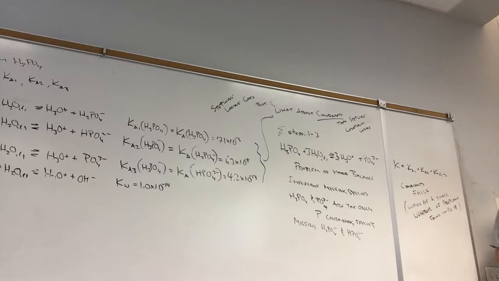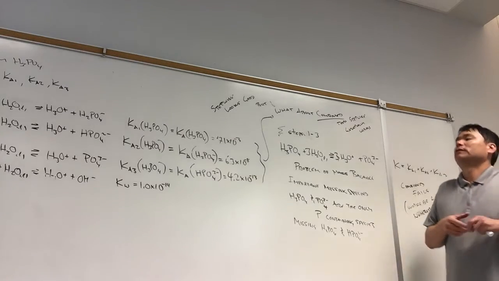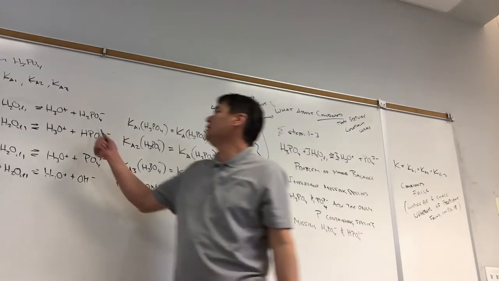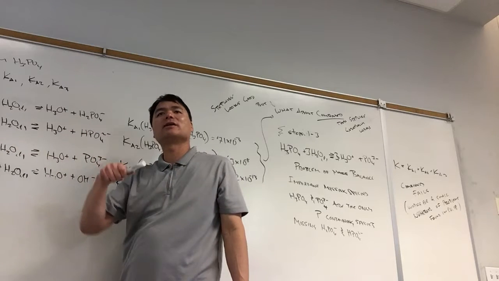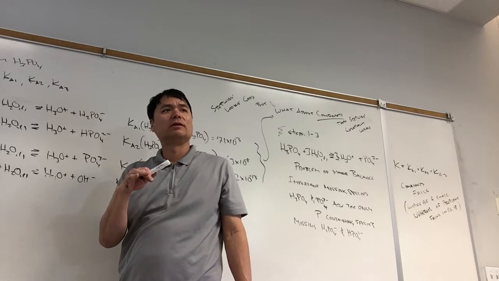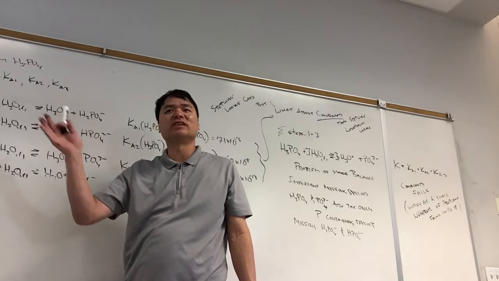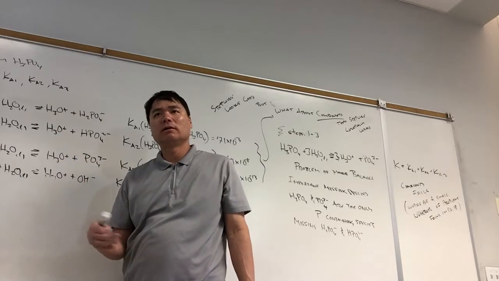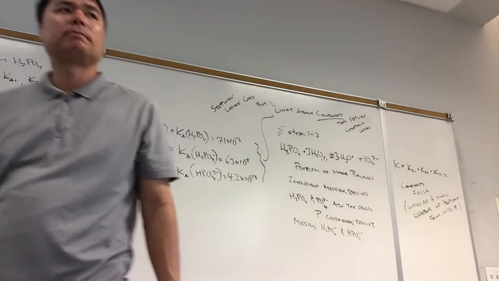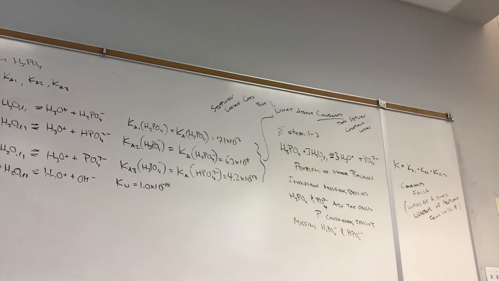Under a certain set of conditions, for example, these intermediate species that get canceled out are negligible in terms of their concentration, so we can just kind of ignore them. And there won't be a mass balance problem. But we'll see that in chapter 18.